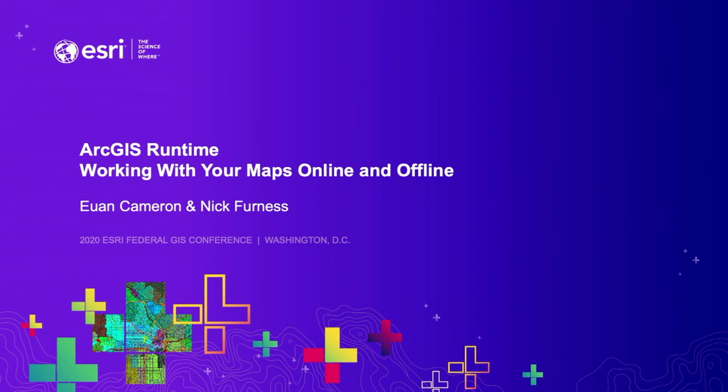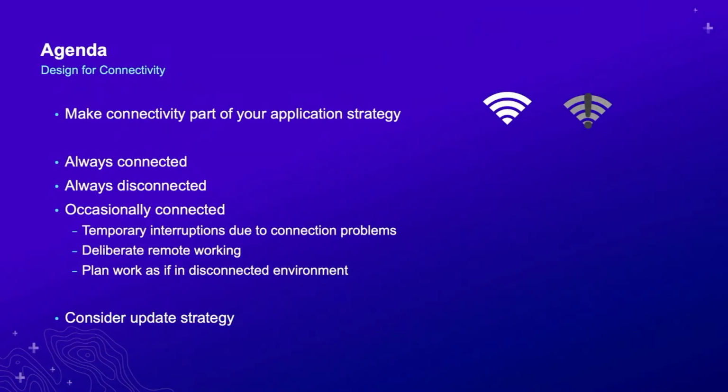So let's get started. When you're designing your application, you've really got to think about connectivity from the very start, because the connectivity of your users will dictate some of the functionality and how you work with the runtime. You've got to ask yourself these questions. Are my users always connected reliably?